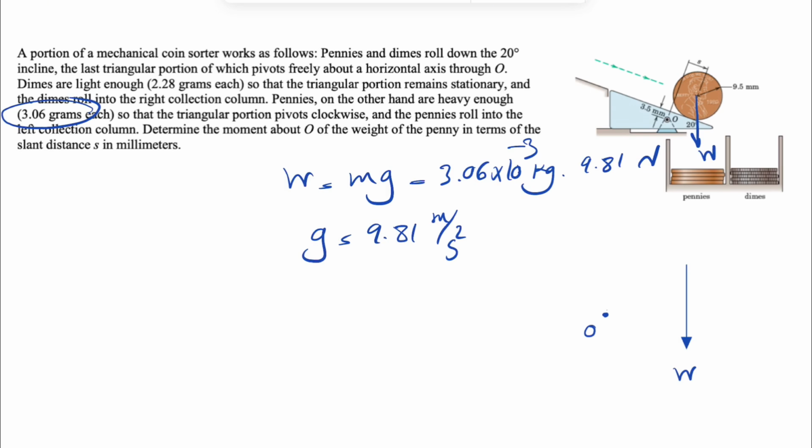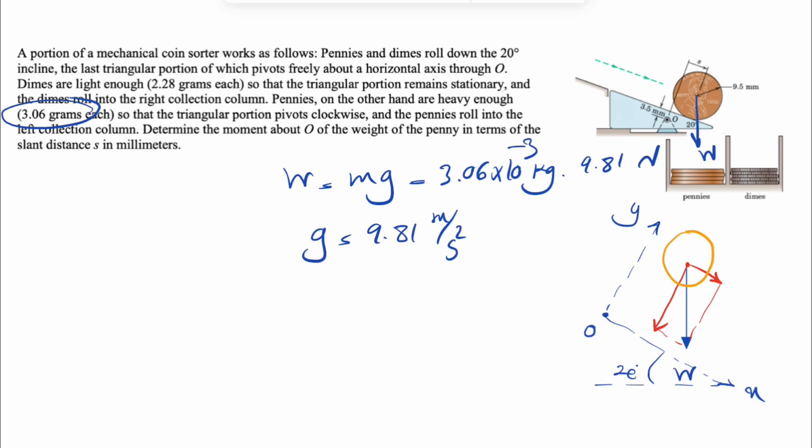If we call our axes Y and X, and we know this angle is 20 degrees, I'm resolving this force into two components, one parallel to Y and one parallel to X. The reason is that finding the distances is much easier this way, and this will be the center of the coin.